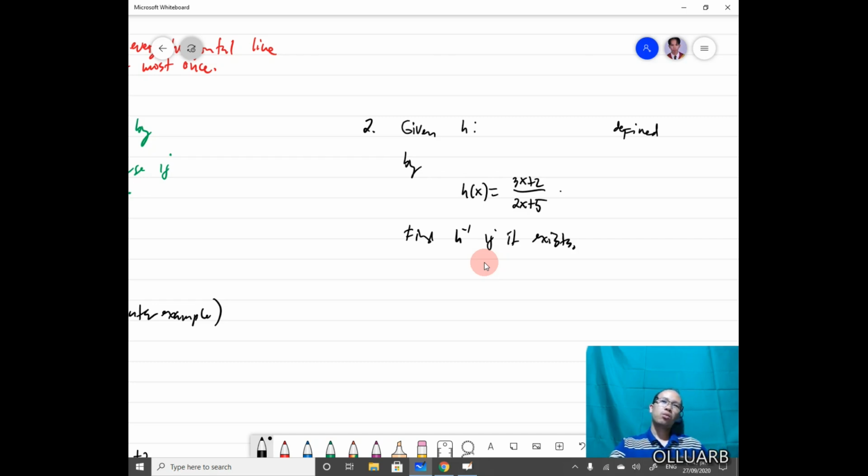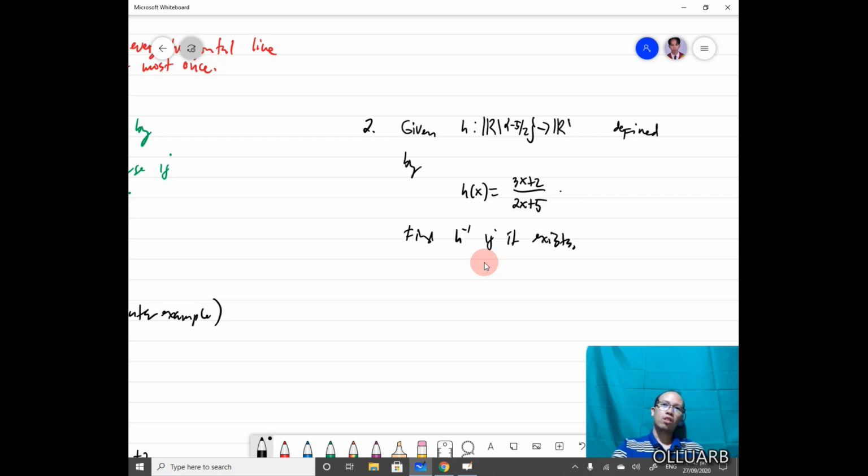I guess the domain is the set of all real numbers except negative 5 over 2, and we have to make the codomain equal to the range.